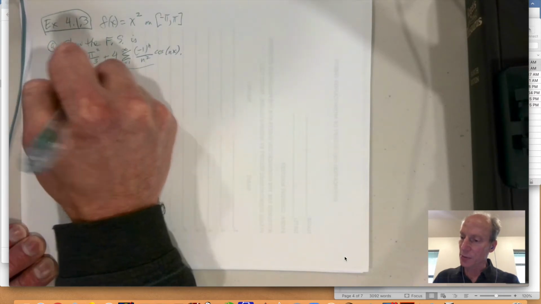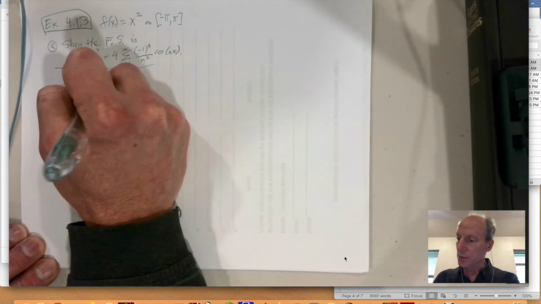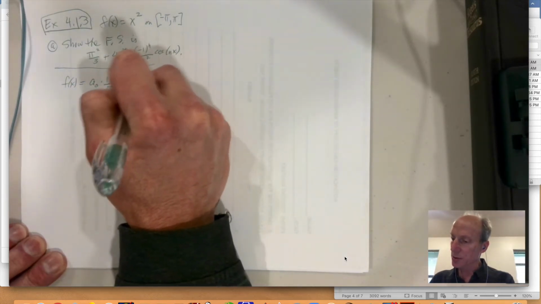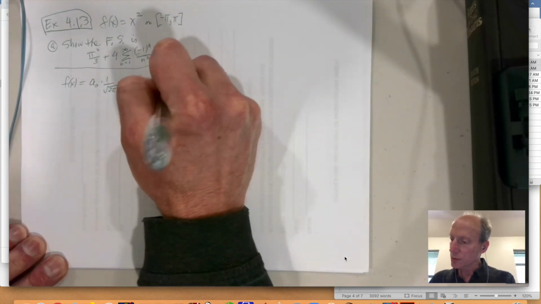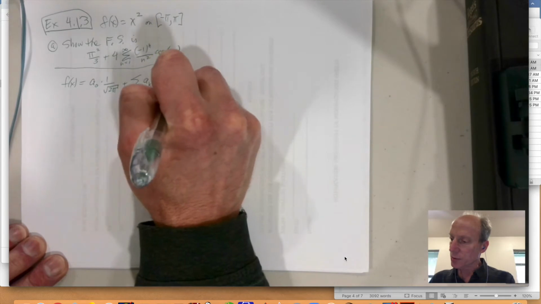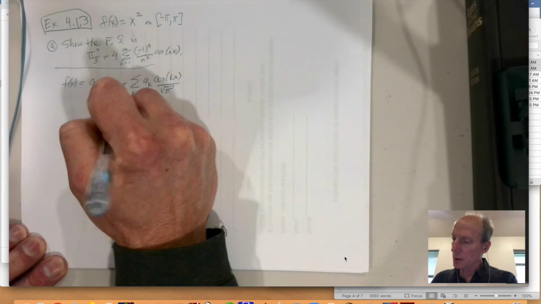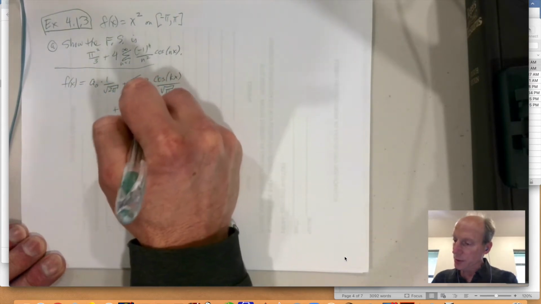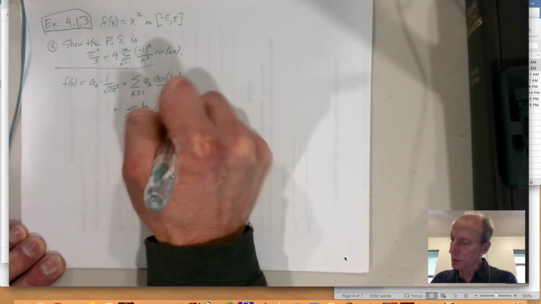So f of x is going to be some coefficient times the first guy, plus some coefficient times cosine of kx over square root of pi, from k greater than or equal to 1, and then plus the sum over n greater than or equal to 1 of bn sine of nx over square root of pi.